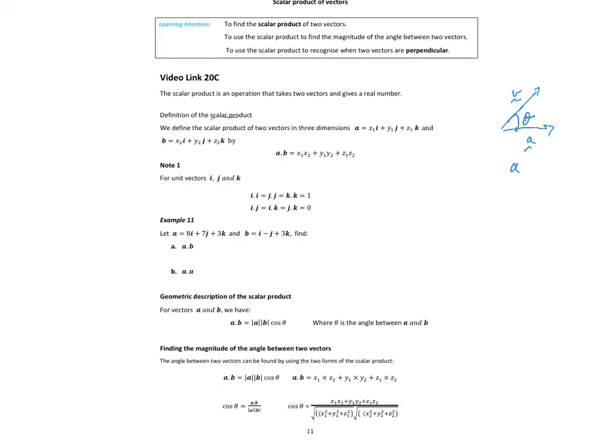The scalar product is evaluated by multiplying the corresponding components. So the I components multiply together, the J components multiply together, the K components multiply together. We call that scalar product the dot product, so it's A dot B.